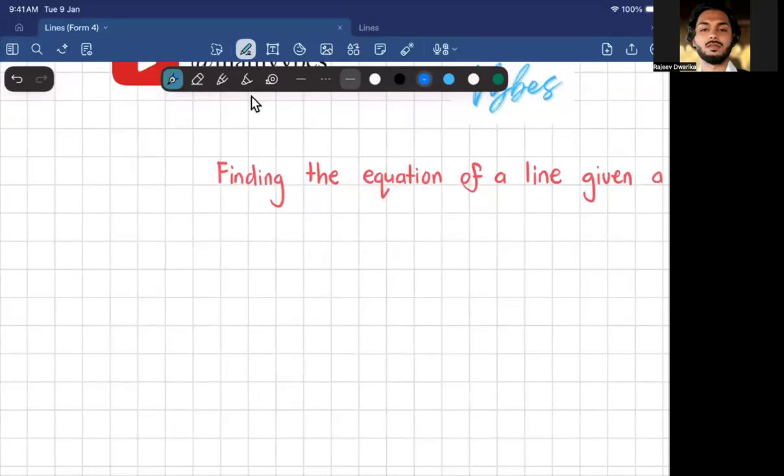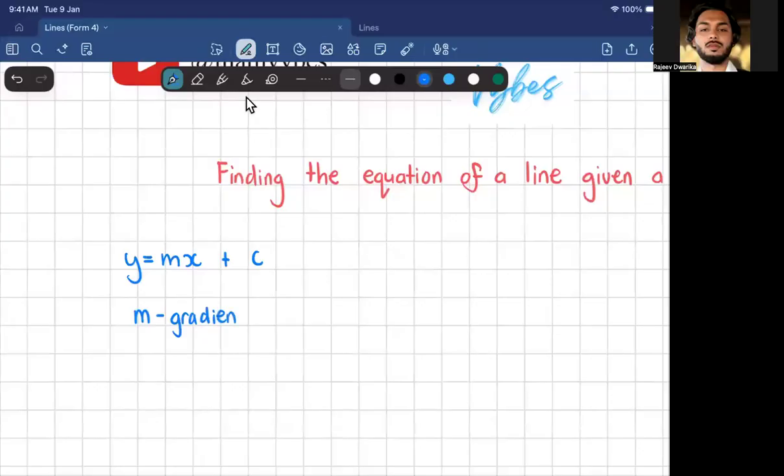Yes, y equals mx plus c. Could you tell me what m and c represent? C is the y-intercept and m is the gradient.